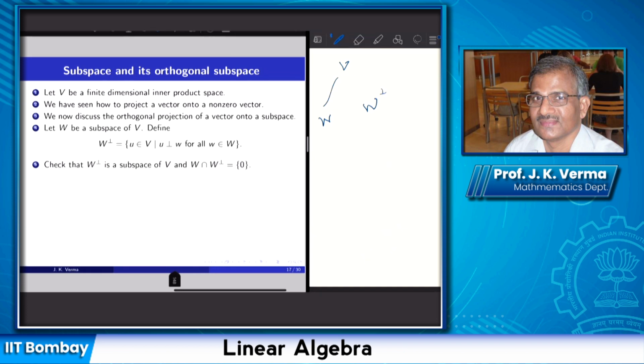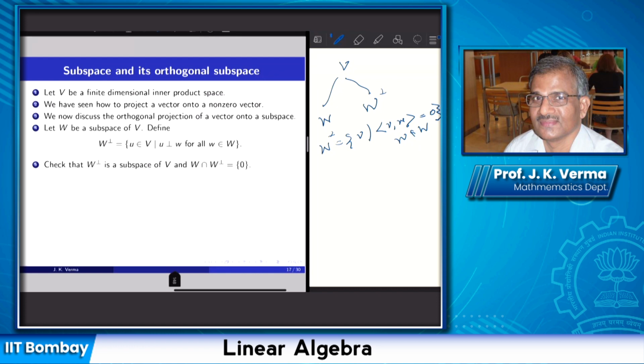This is again a subspace of V. W perp is all vectors which are perpendicular to every vector in W. If I take two vectors which are perpendicular to every vector in W, then their linear combination will also be perpendicular, because the inner product is bilinear.